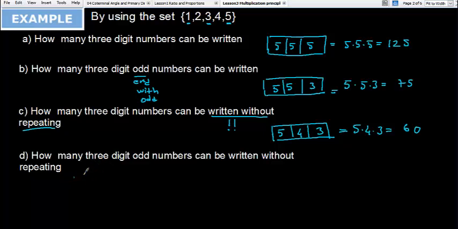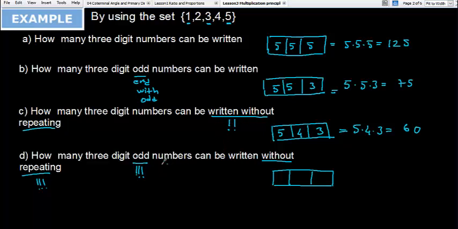The last one is how many three-digit odd numbers can be written without repeating. So now this question has two conditions: without repeating and odd number. Again we are going to draw 3 boxes. These questions are very important because we have 2 rules here, not only 1 rule.